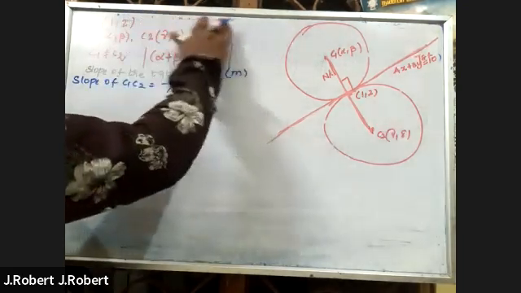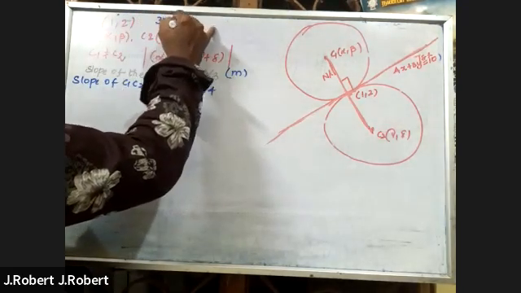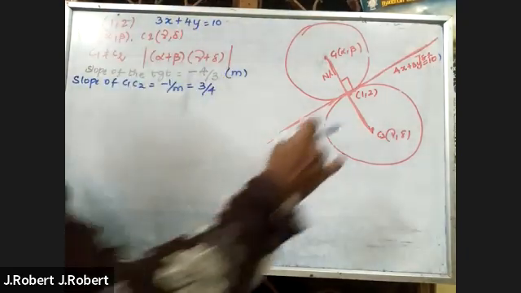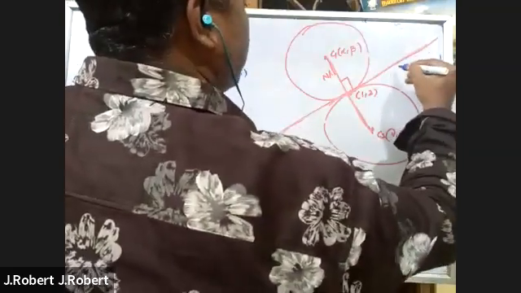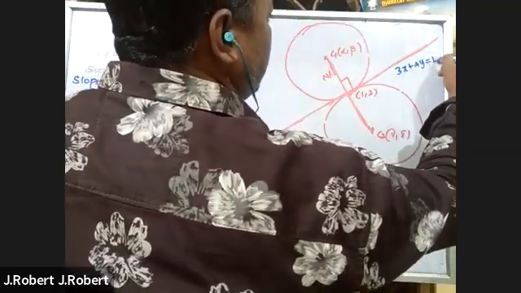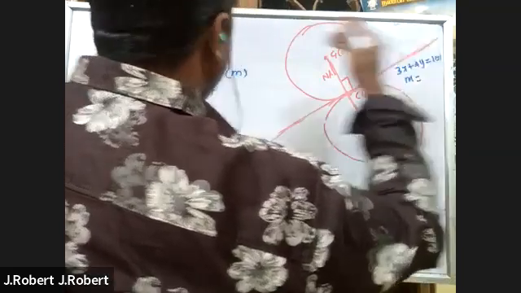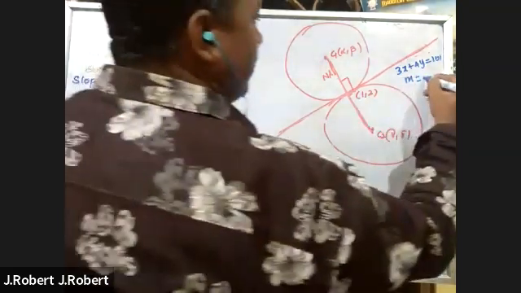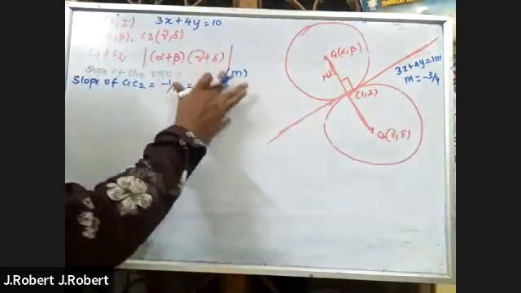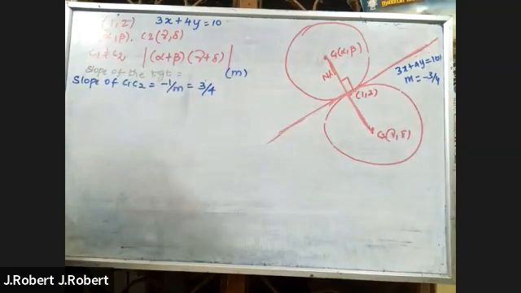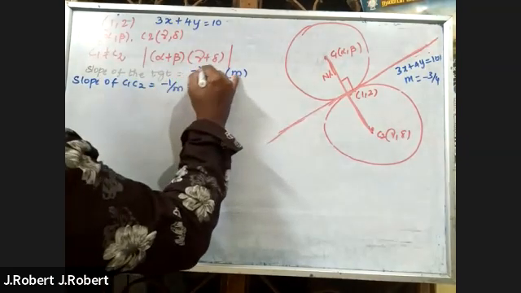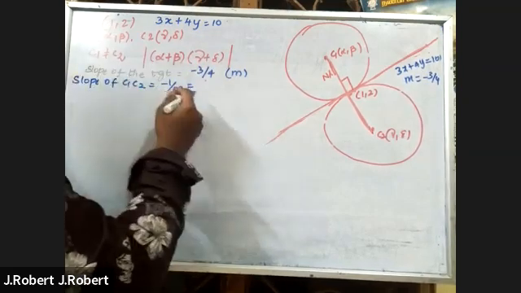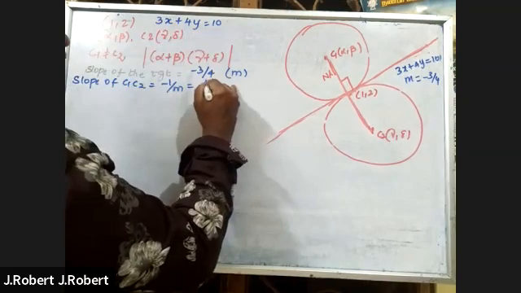The equation is 3x plus 4y equals 10 after swapping, not 4x plus 3y. Sorry, I made a mistake. So the value of m is -3/4. Okay? Now if we take the perpendicular, we will get -1/m, so this becomes 4/3.